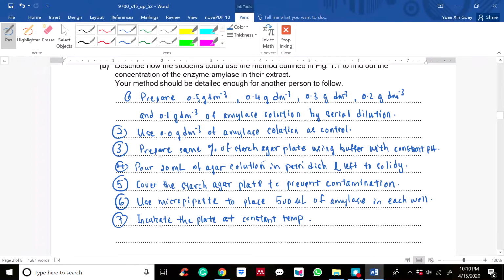All the plates must have the same temperature and for the same time. So maybe you can just put 18 hours in an incubator, or temperature controlled incubator, or temperature control room.